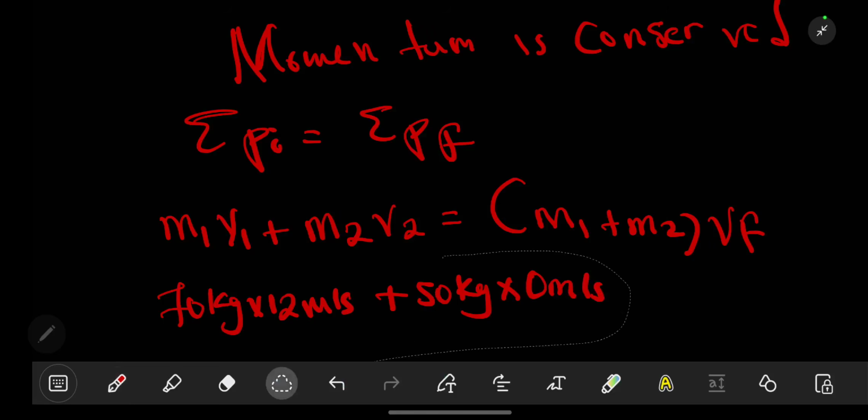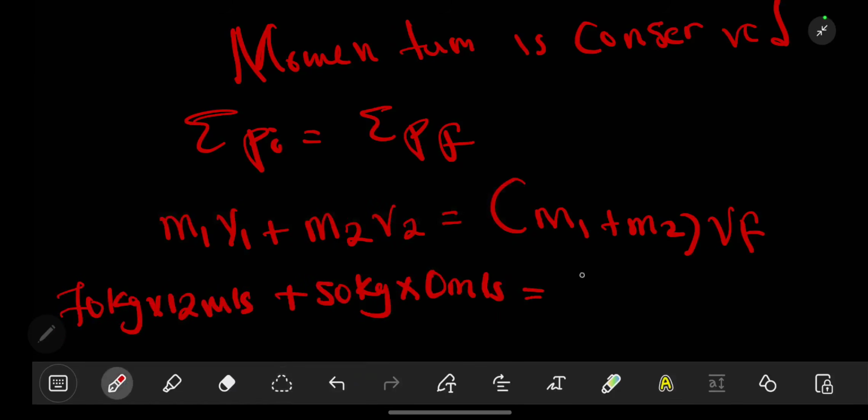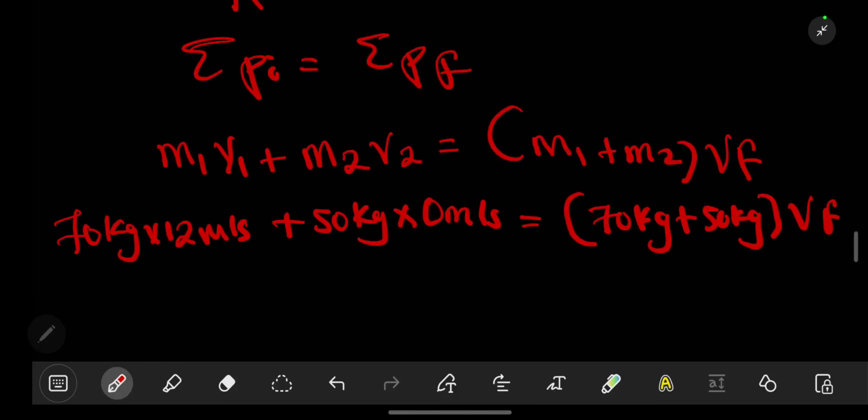This should be equal to 70 kg plus 50 kg times V final.